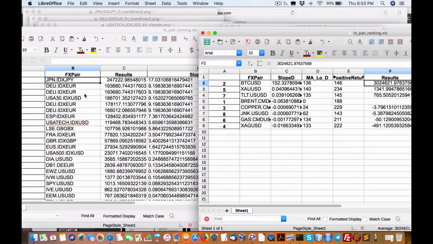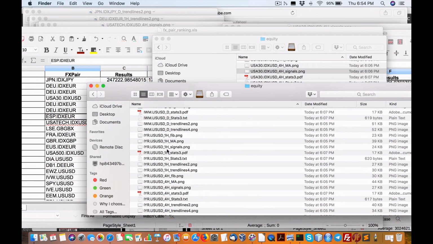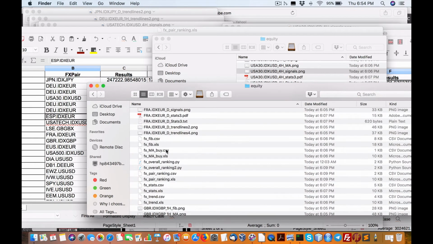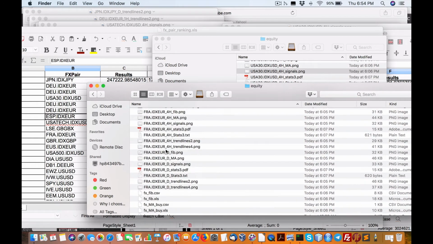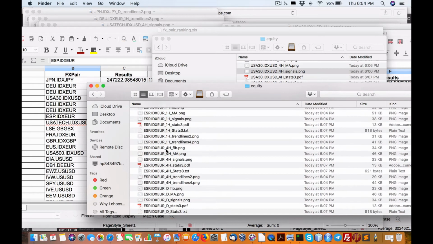Not too crazy on the Deutsche, but those are the good ones. And Spain's one we didn't even look at to see what's happening in Spain. Did you know that Spain is doing quite well? Probably not. Let's check it out.